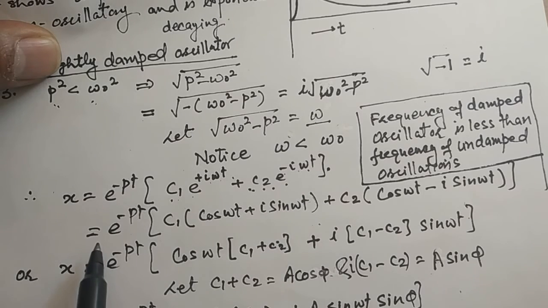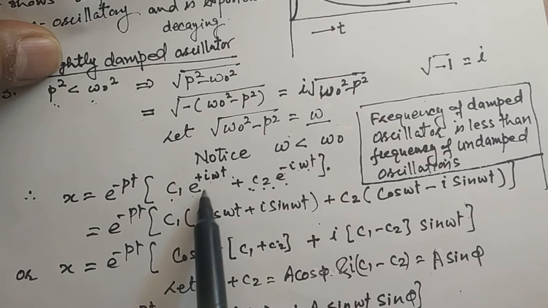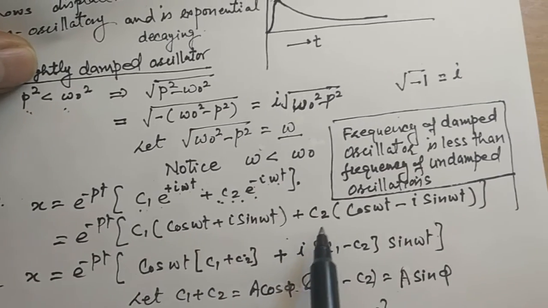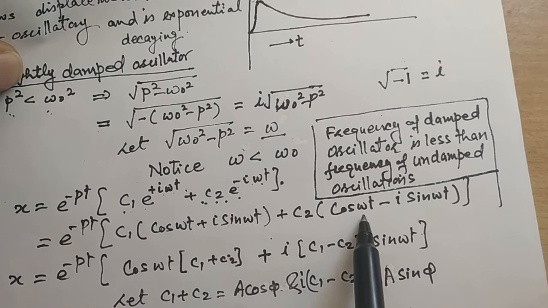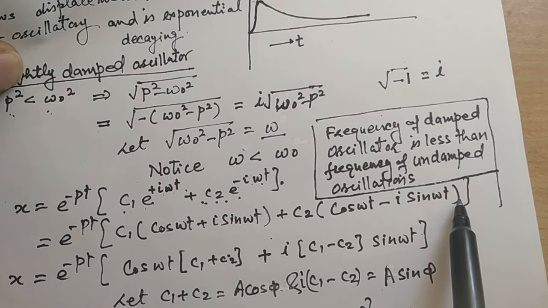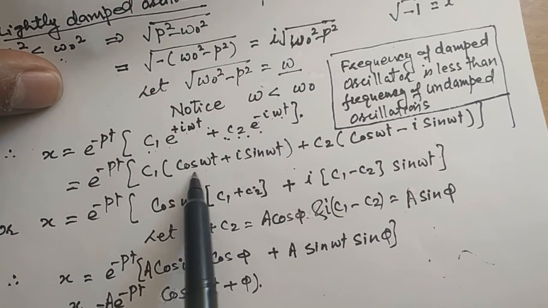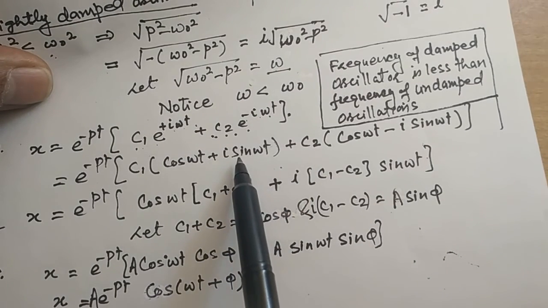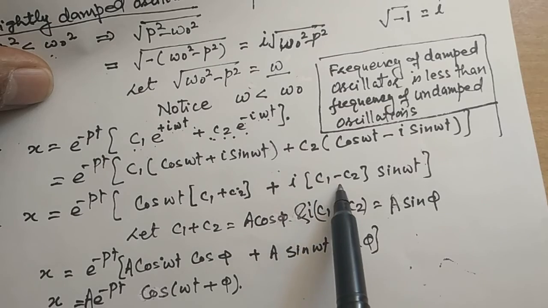It gives you e^(-pt) times C1, where we can write e^(iota omega t) as cos omega t plus iota sin omega t, plus C2, where e^(-iota omega t) is cos omega t minus iota sin omega t. Solving this, we take cos omega t common, we get C1 plus C2. Then sin omega t common, we can write iota times C1 minus C2.